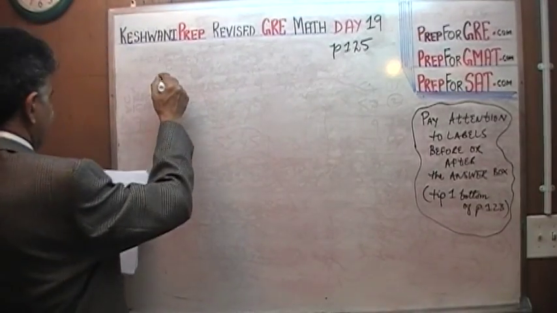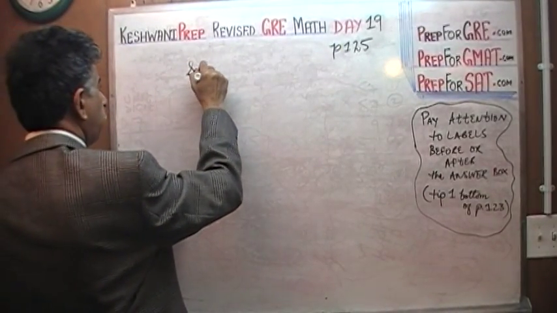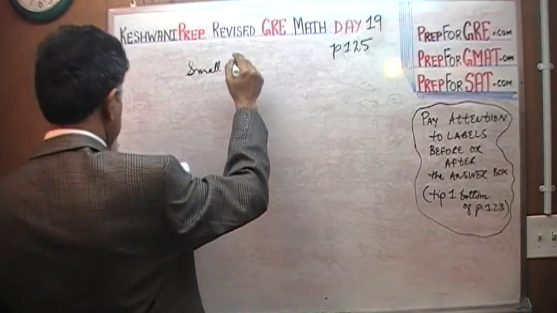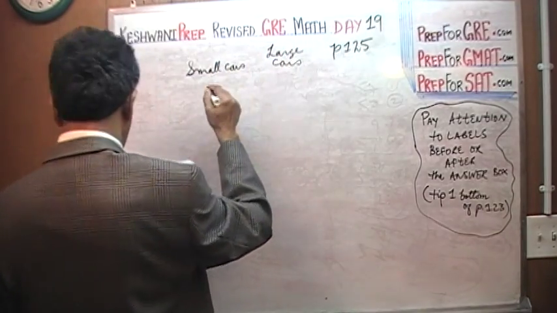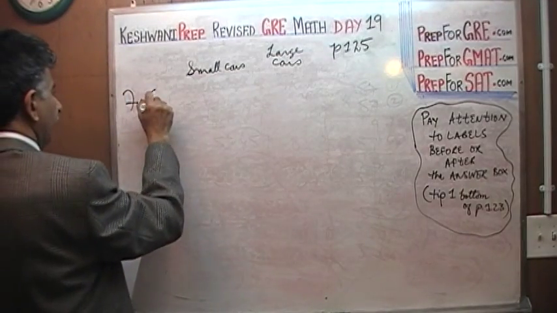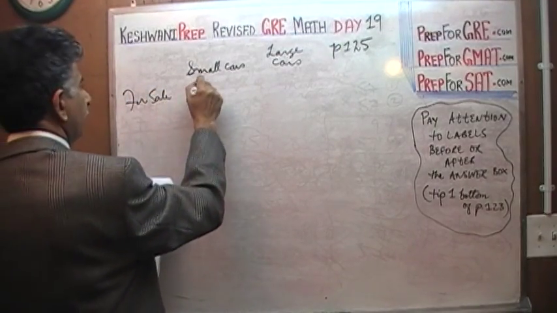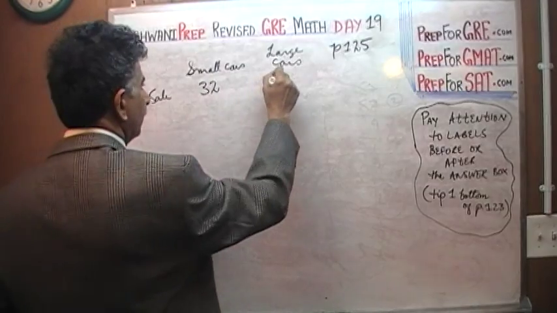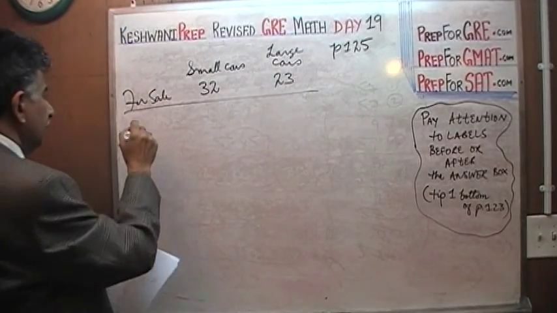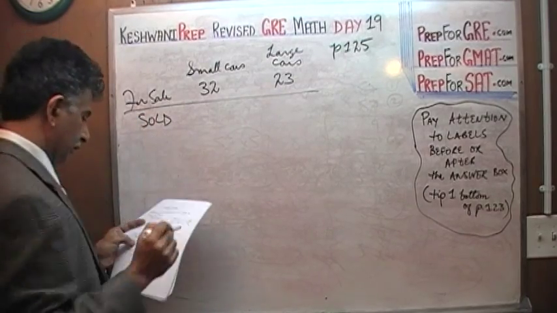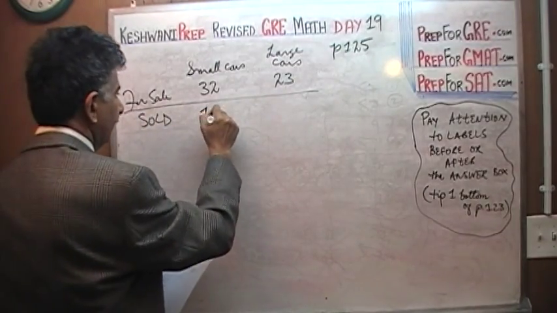We are told that we have small cars, we have large cars. This is how many we have for sale. We have 32 of these and 23 of those. The number that we actually sold was 16.